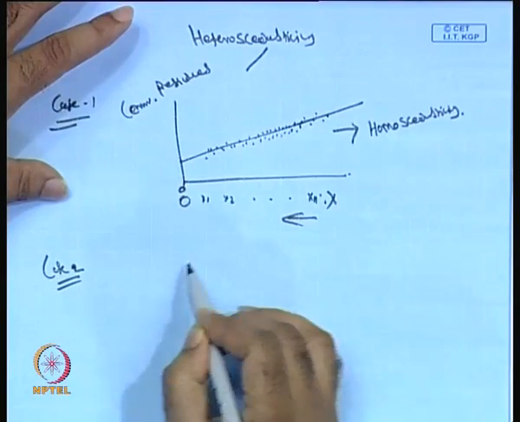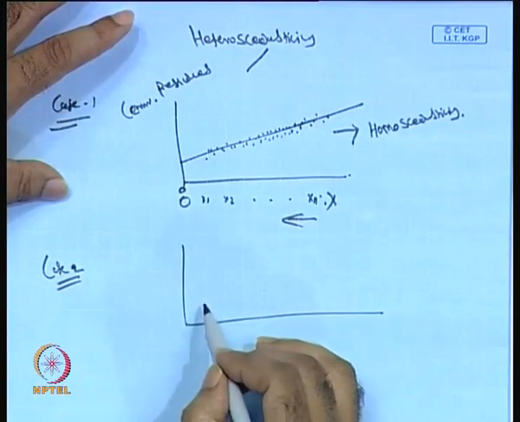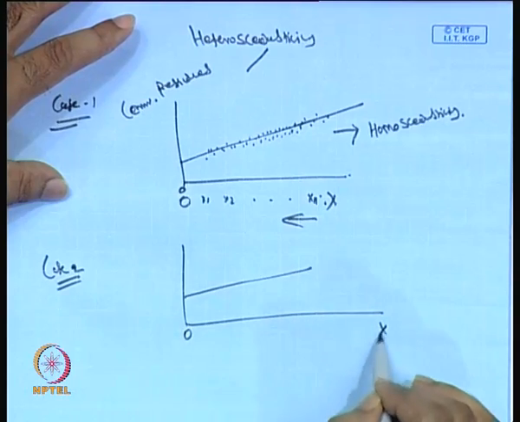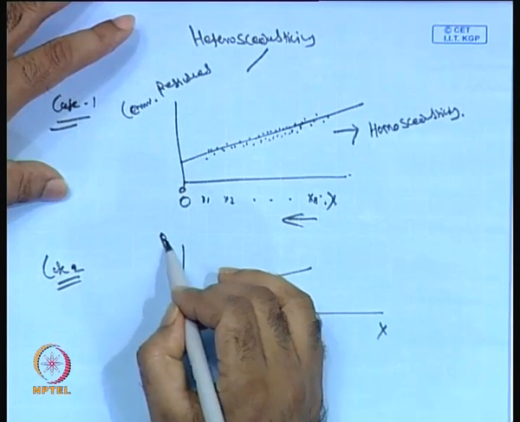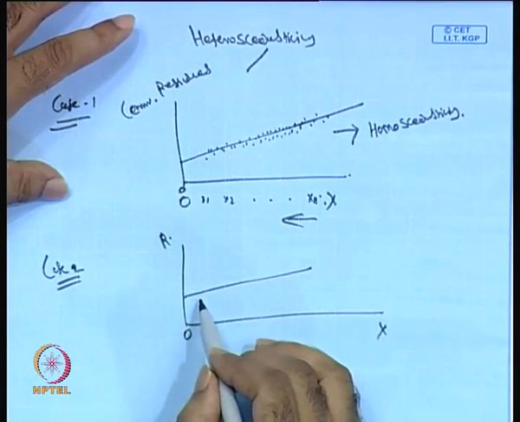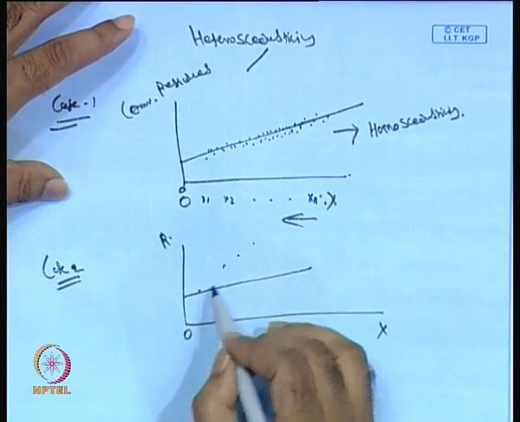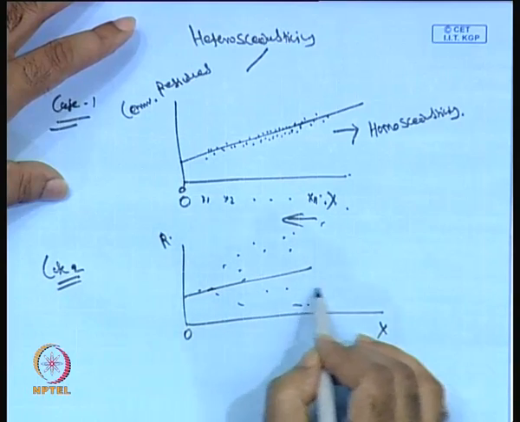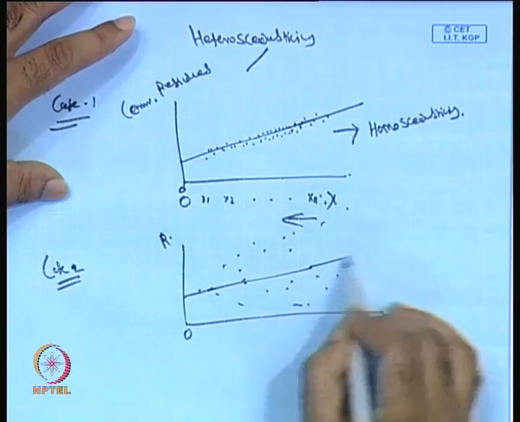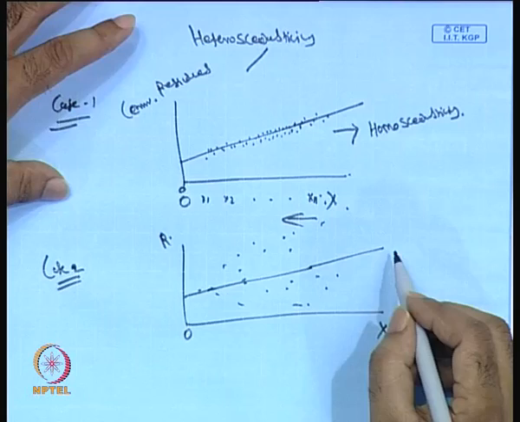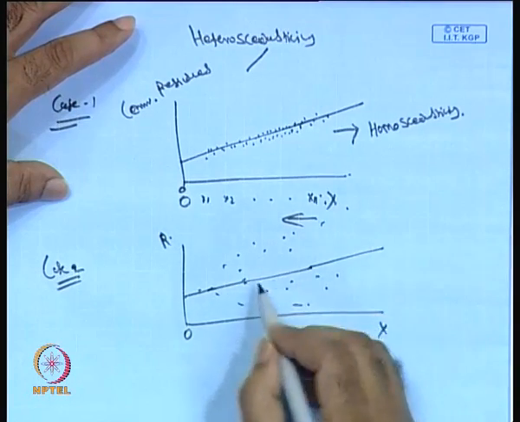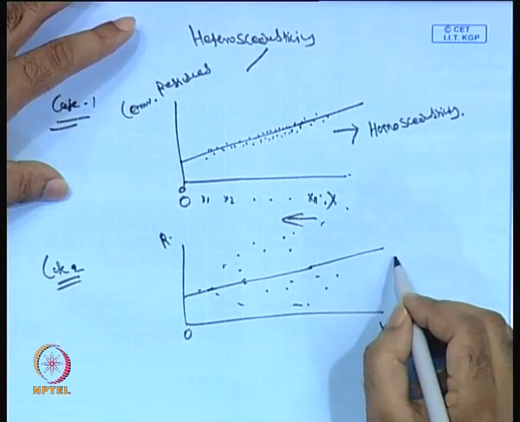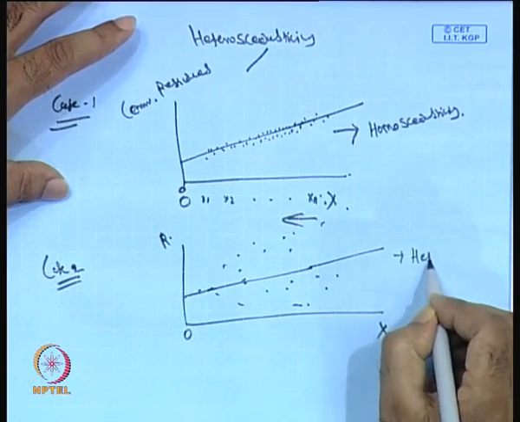Okay, I will take case 2, another case. The same structure, I will put x here, and this side is residuals, the error terms. Then obviously the plot will be like this. If the errors are coming in this way, then there is a heteroscedasticity problem.